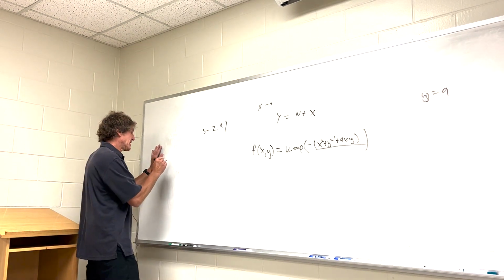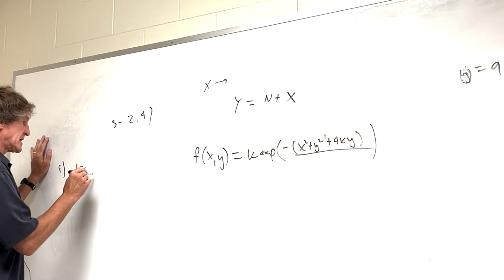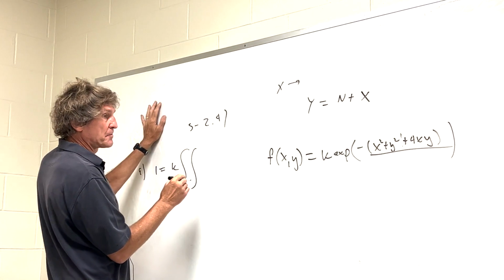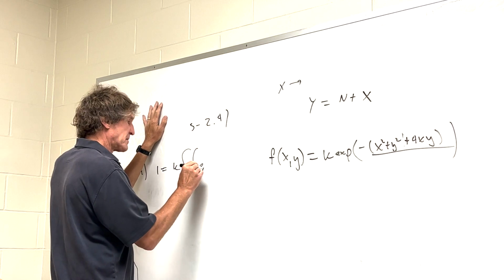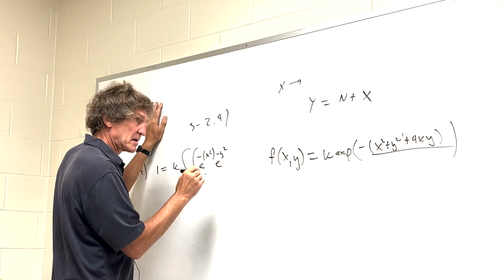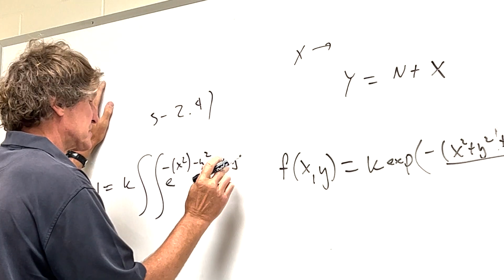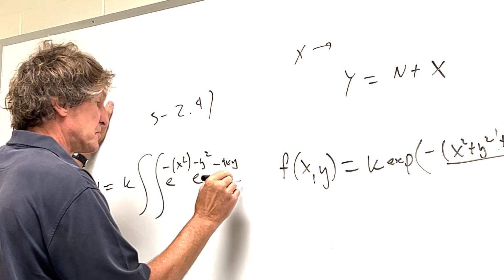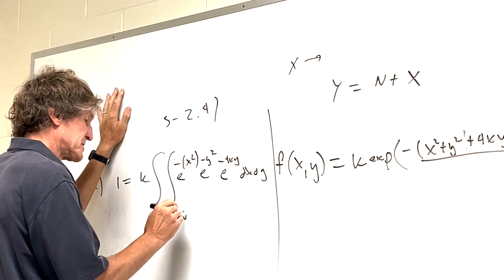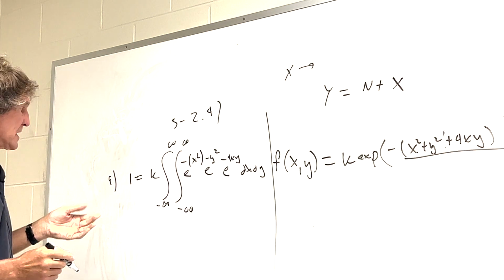So the first step I would write down is 1 equals K times the double integral of e to the minus x squared, e to the minus y squared, and e to the minus 4xy, dx dy. I'm not going to be able to break that anytime soon into two parts. Here x goes from minus infinity to infinity, and y goes from minus infinity to infinity. That is how you would get K.